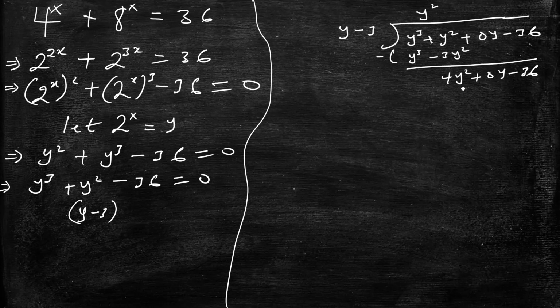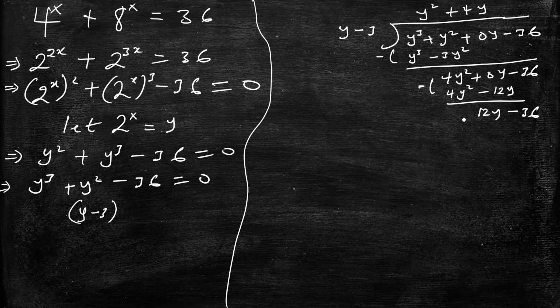Now y into 4y squared will be plus 4y. 4y times this, 4y squared minus 12y. So this minus that goes to 0, and minus minus, we have 12y minus 36.